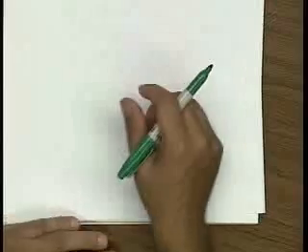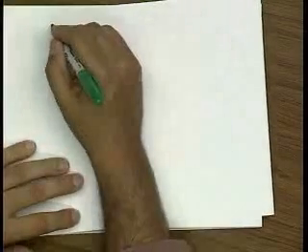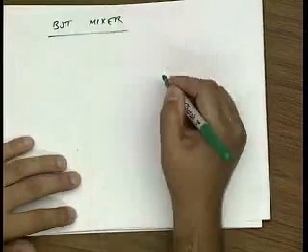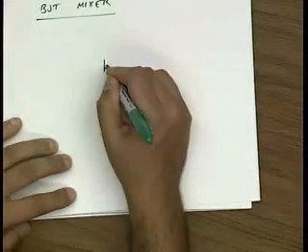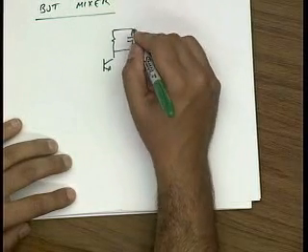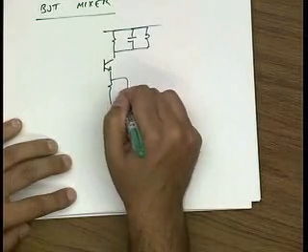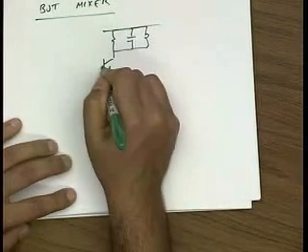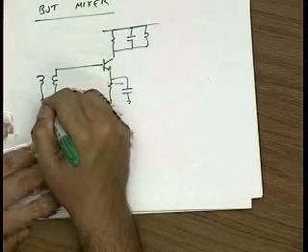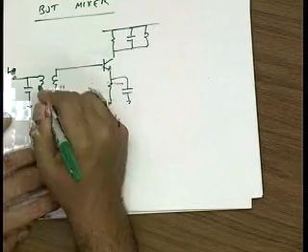Okay, so in the last few minutes, I want to show you a BJT mixer with a single transistor, and next lecture we'll analyze it in more detail. So here I have basically a transistor. I'm going to bias it up just as we showed before. At this port, I'll apply my LO.